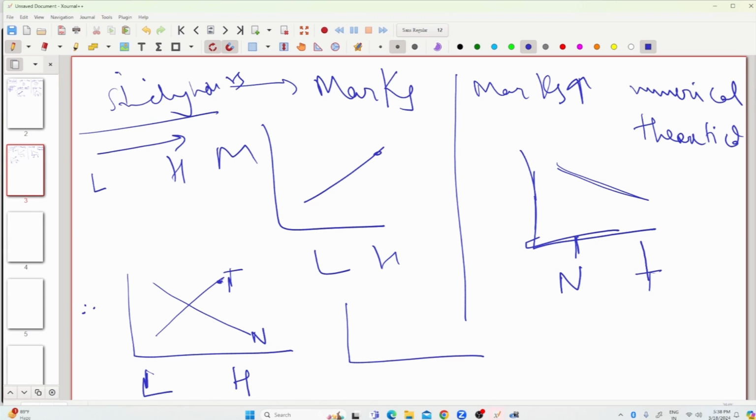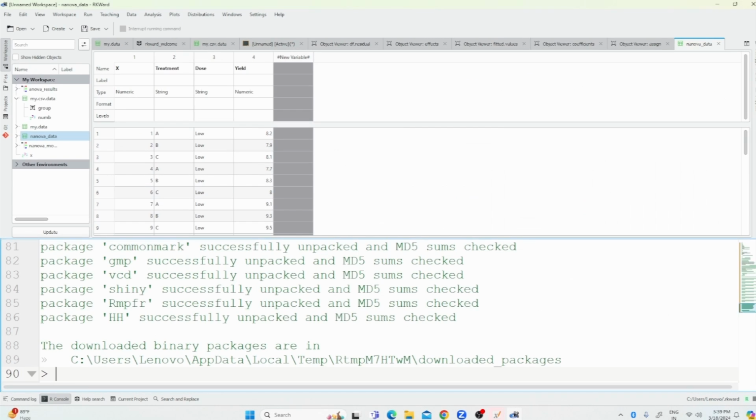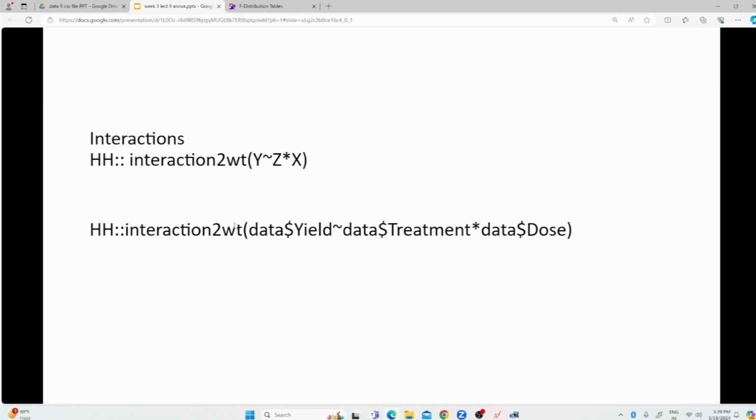I can also draw it like this, with the numerical and theoretical subject on the X axis, and then you have low and high. So, the x axis changes, that is all that happens here. Okay, now we have got it.